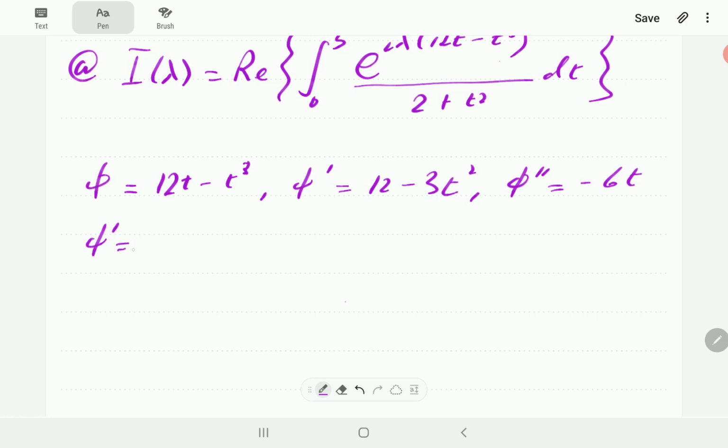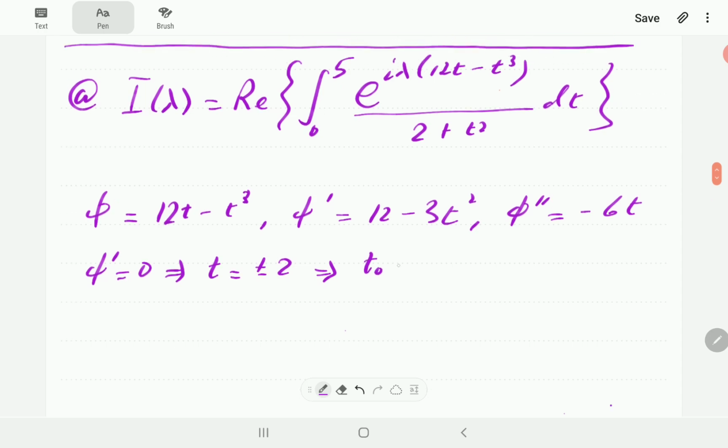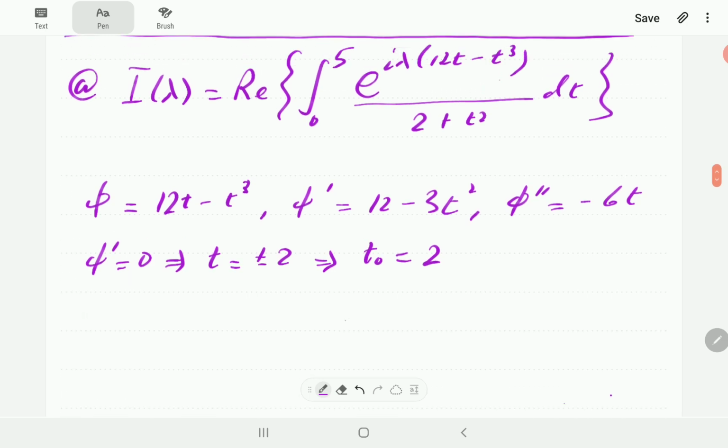If we equate the first order derivative to 0 and solve, we get plus or minus 2, but only the positive one lies in our interval of integration. So this is telling us that t naught is going to be equal to 2.